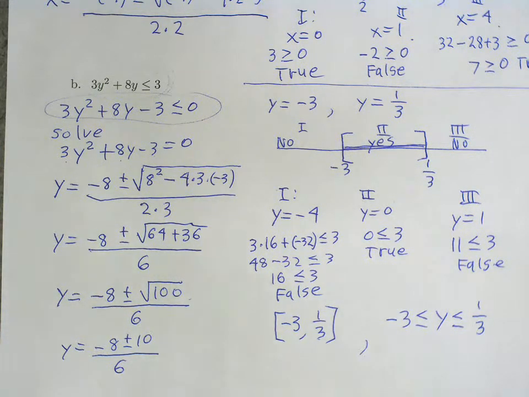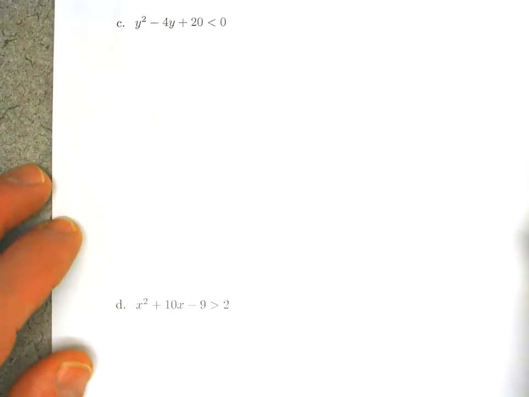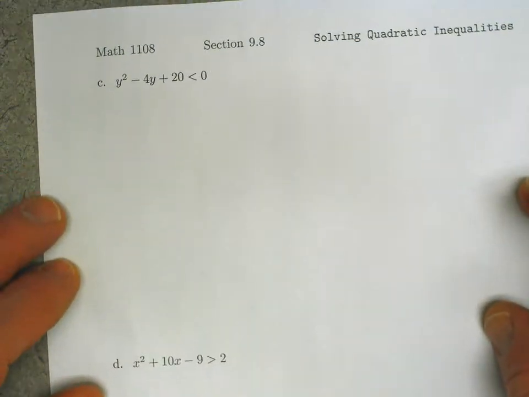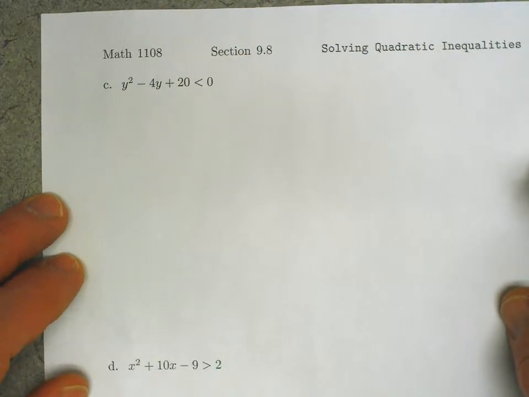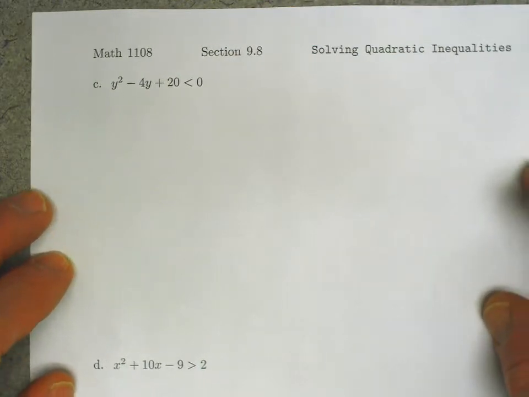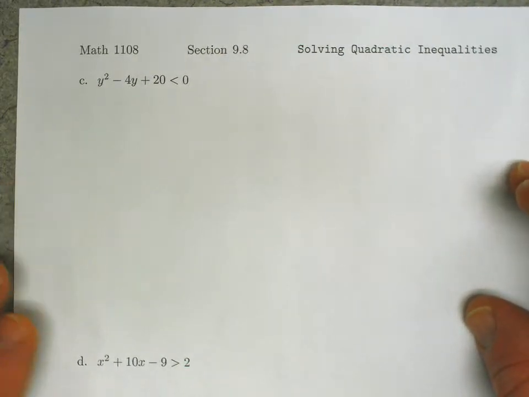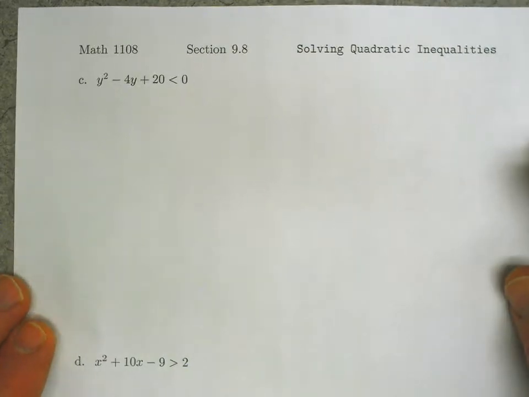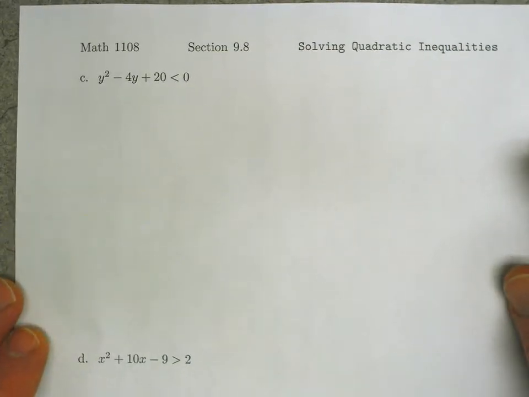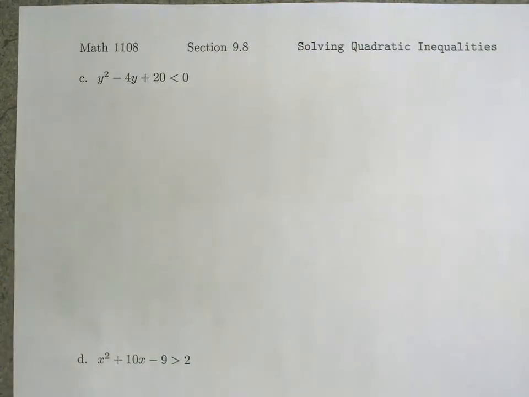Okay, but we'll encounter situations that are a little more involved than that. Okay, so let's try this one. Solve y to the second minus 4y plus 20 is less than 0.